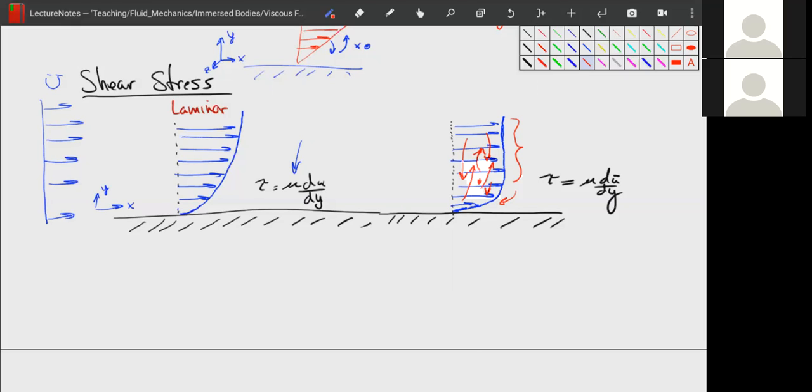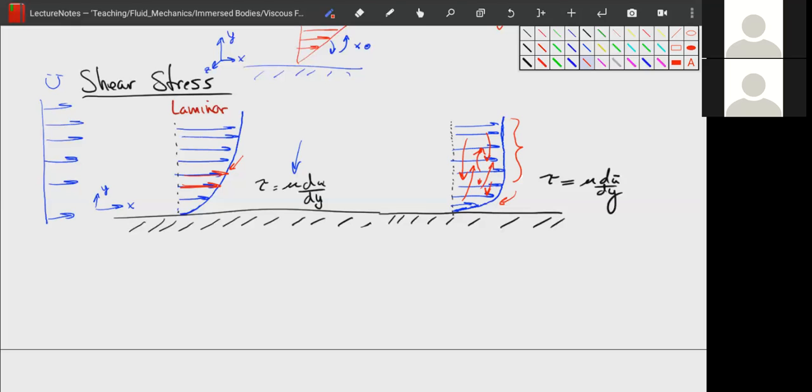It also increases the shear stress experienced, because not only do we have the normal shear stress experienced by two different layers of fluid moving at slightly different speeds, where the top one is dragging on the bottom one trying to move it faster, or you can think of it the opposite way, the slow one's trying to slow down the fast one. Here we have that occurring, but we also have this mixing occurring.